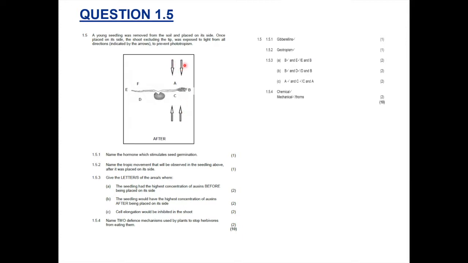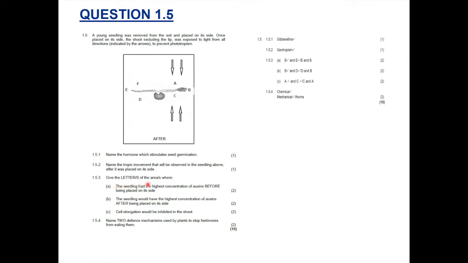So these arrows indicate the light direction to prevent phototropism. 1.5.1. Which hormone stimulates seed germination? That's easy. Gibberellins. Now, name the tropic movement that will be observed in the seedling above after it was placed on its side. Immediately placed on its side and it was exposed to uniform light, it will only be geotropism. So, it's placed on its side, we want to see the effect of gravity.